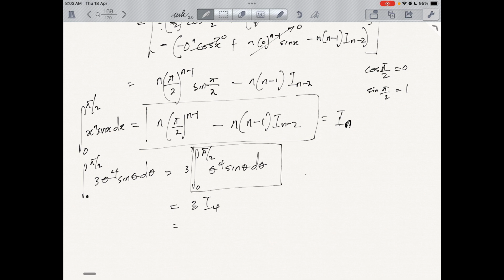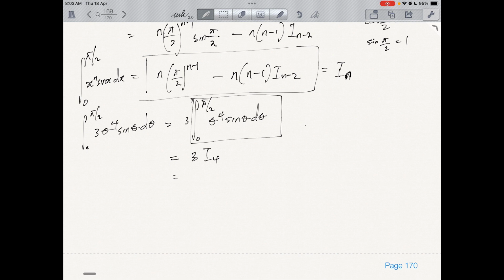So let's make our substitution of I4. Wherever we see n, we substitute 4 in this equation. So now we have 4 pi over 2 raised to the power 4 minus 1 minus 4 into 4 minus 1 I subscript 4 minus 2.